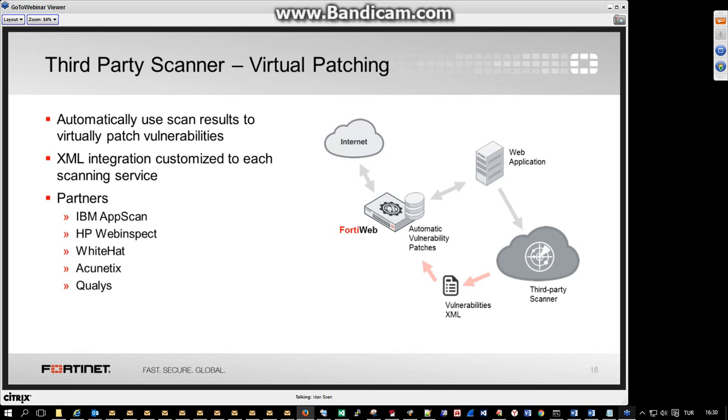Third-party scanner integration, what's called virtual patching. In 2015, we made a huge effort to integrate with all the big players here. So we now partner with IBM AppScan, HP WebInspect, WhiteHat, Cenzic, and Qualys. And FortiWeb can take in the XML file, the vulnerability report that your customer ran, and then automatically generate rules to protect against the vulnerabilities that have been found.